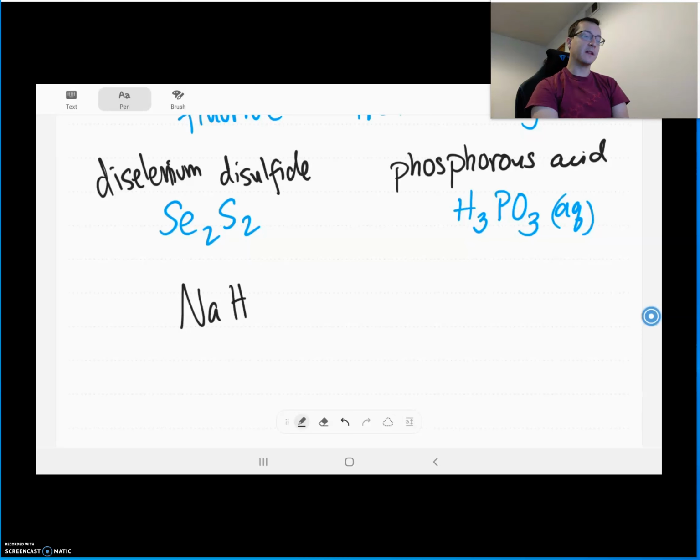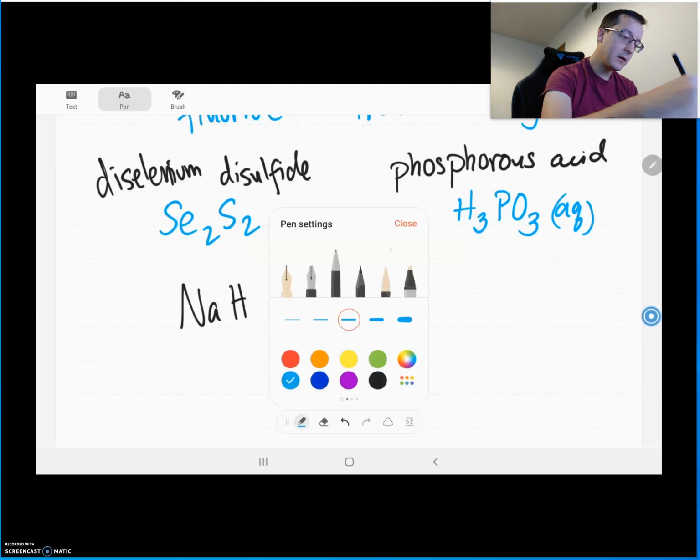It's metal, nonmetal, exactly. And that tells us that we're going to have ions involved. And so we remember sodium has to be what charge? Yeah, sodium must always be +1, right?